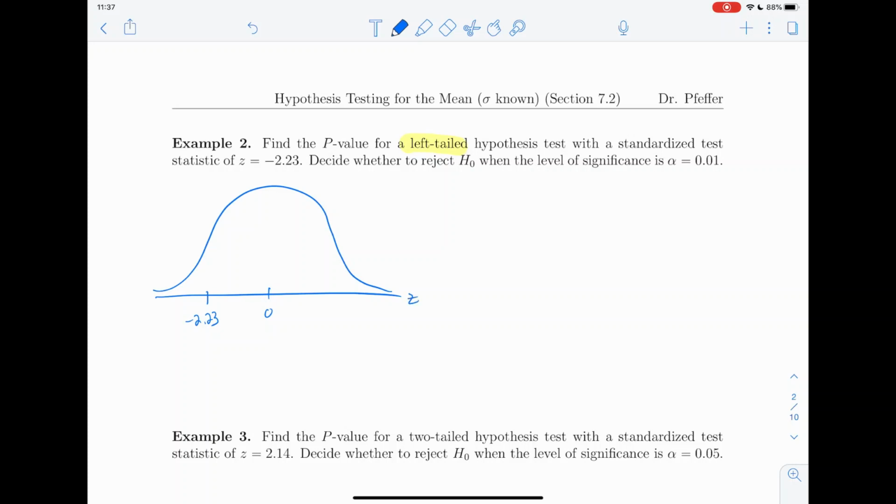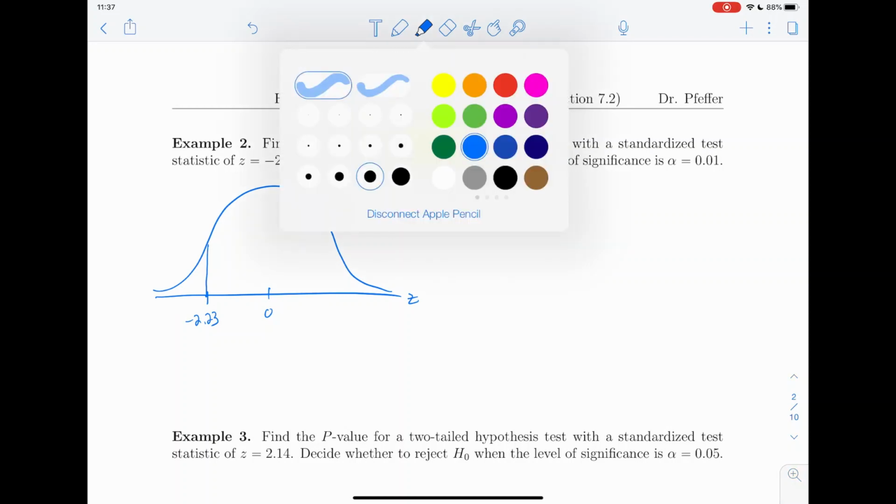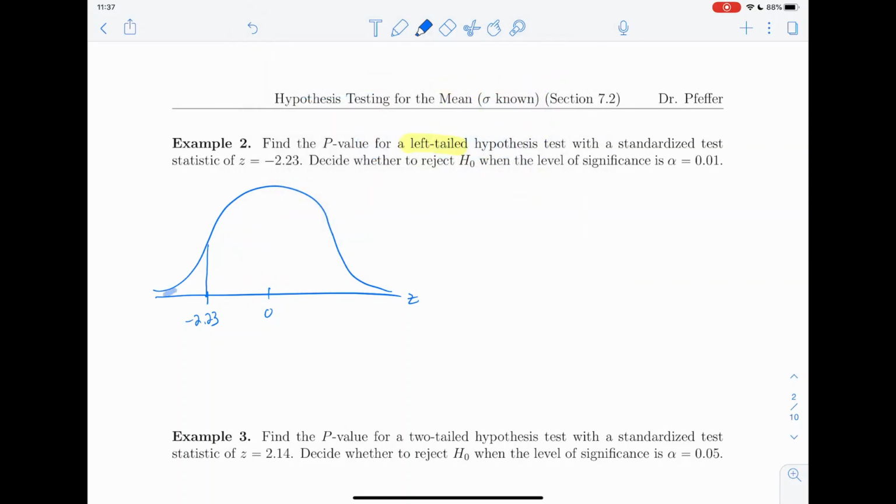This is a z-axis, and so we end up with that curve. And notably, since we're working with a left-tailed test, this area in here is going to be exactly the area in question. So the area of this is going to be our p-value, p.